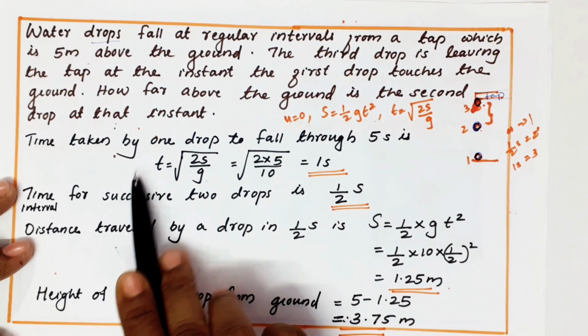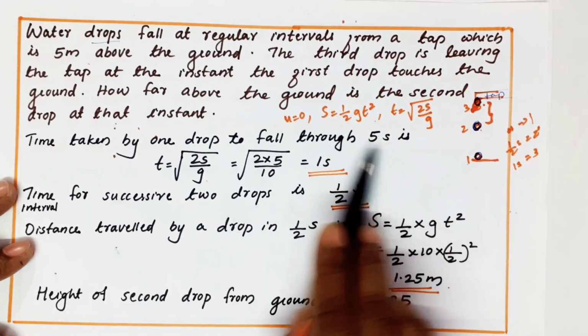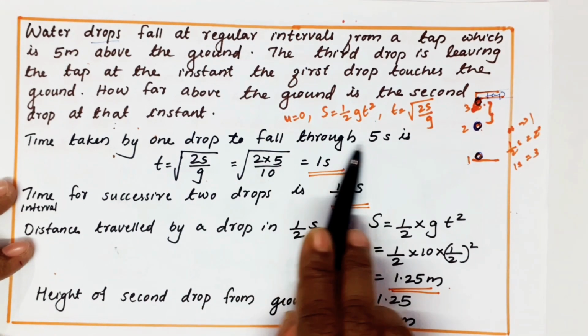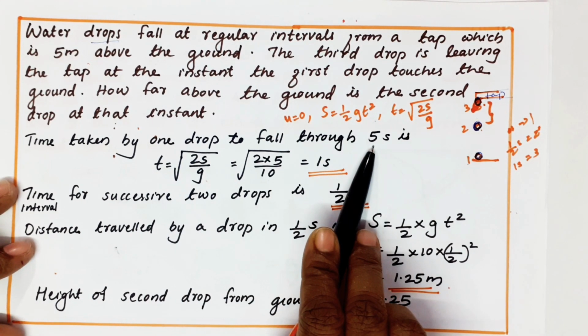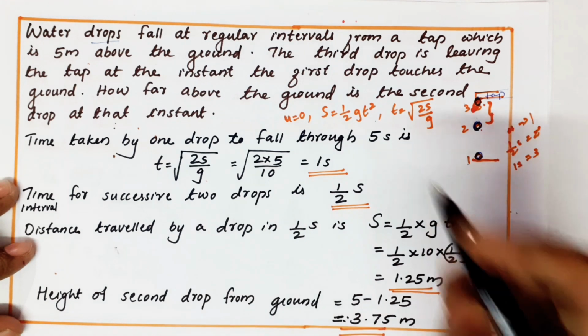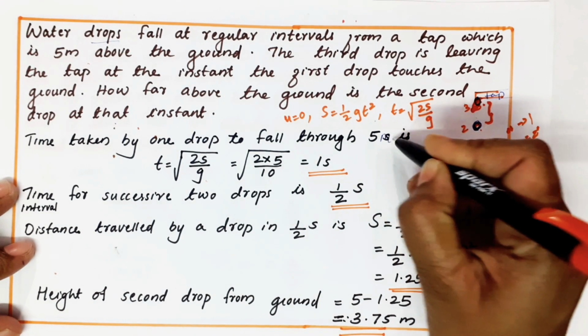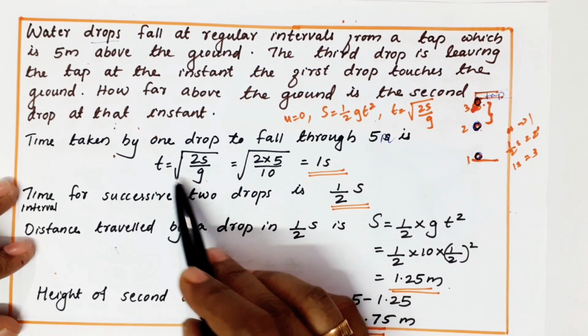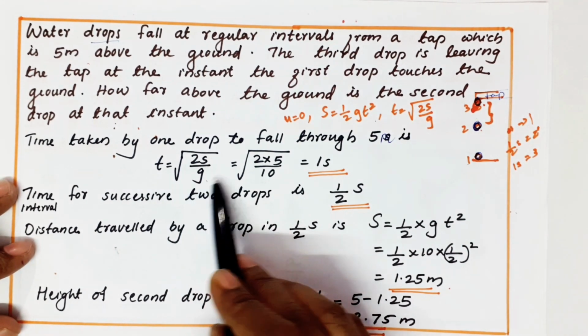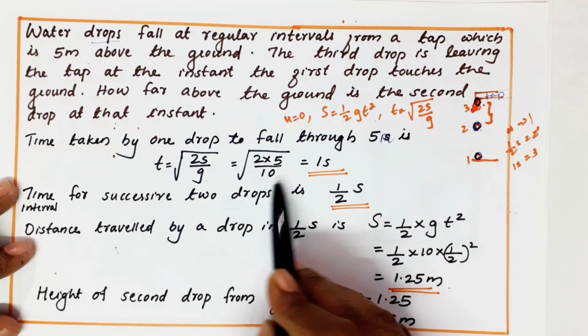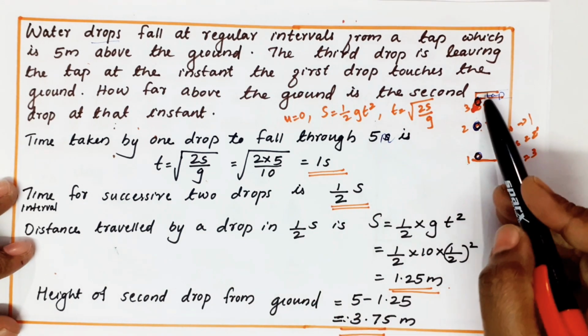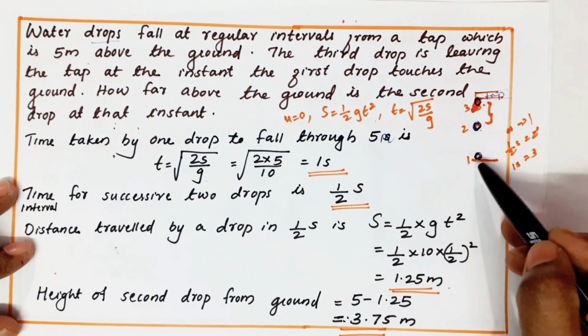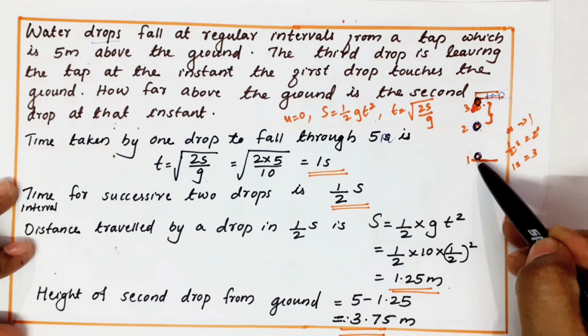I substituted that. The time taken for the drop to fall through a distance of 5 meter is t equals root over 2s by g. 2 into 5 by 10, that is 1 second. The time taken for the drop to come from this point to this point is 1 second.